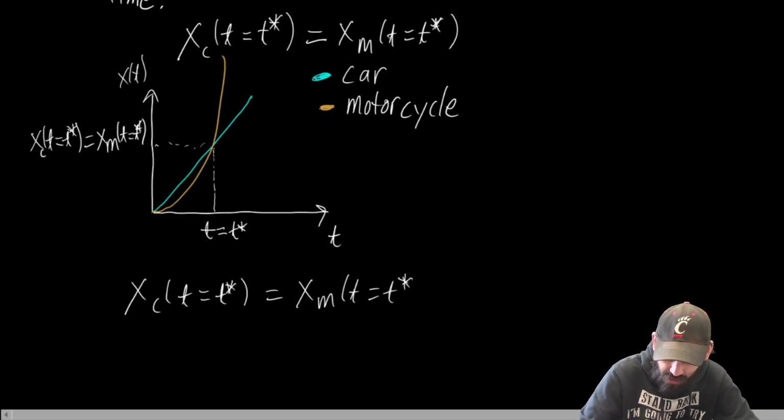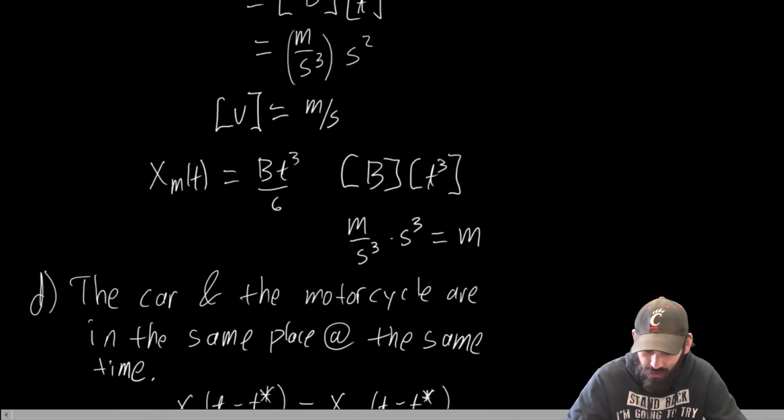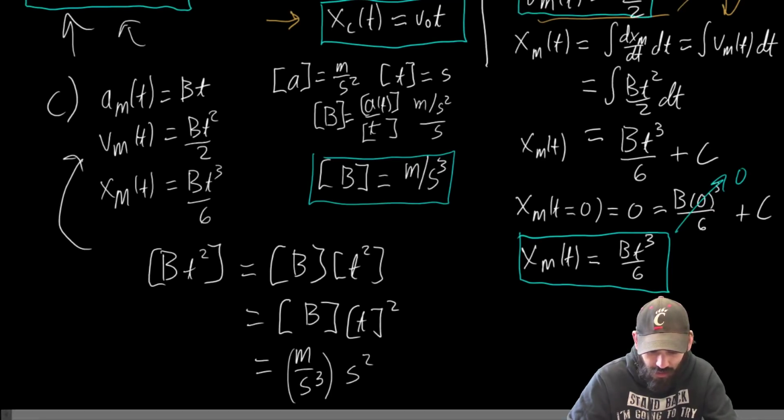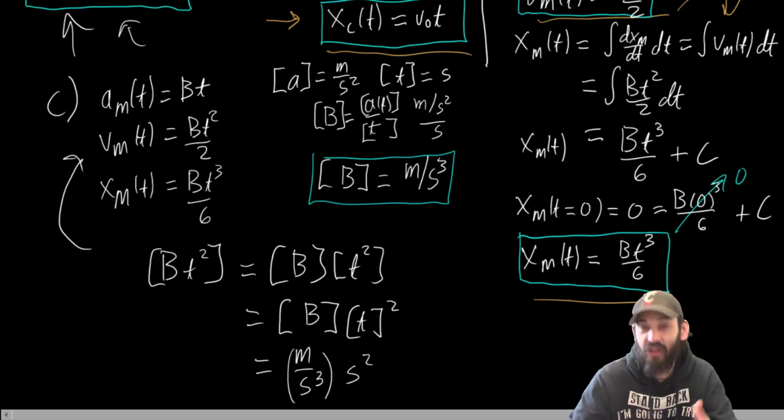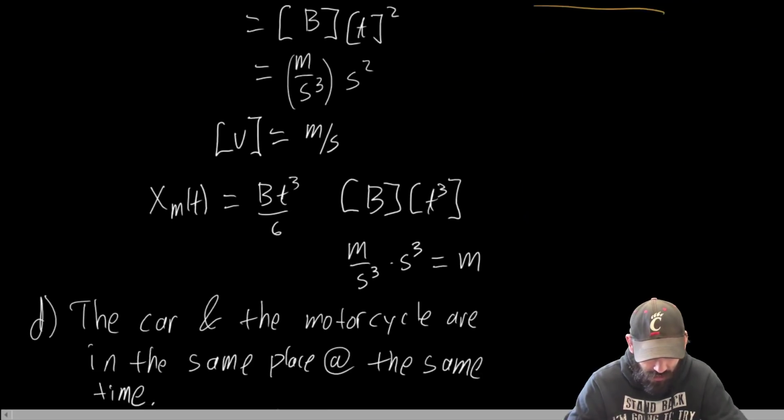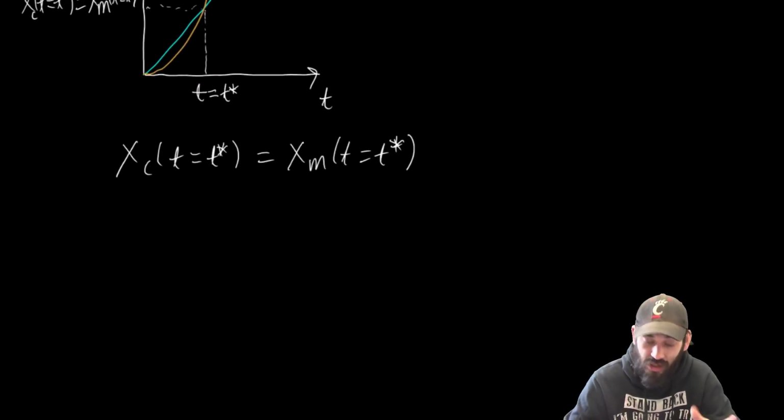But we know what these functions are. We just need to take them from up here. We take this function here, and we take this function here, and then we evaluate them at t star and set them equal to each other. That's going to give us what t star is.